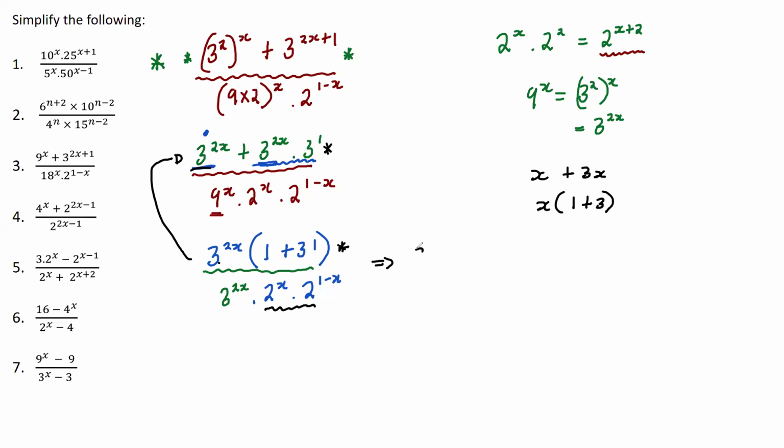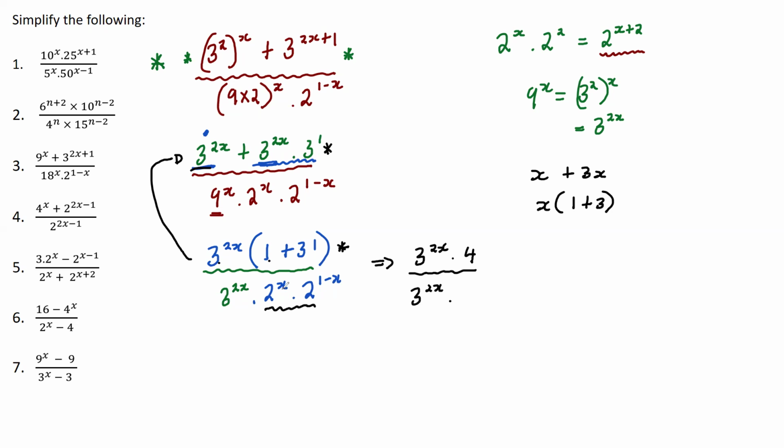So here we are, 3 to the power 2x, still with 1 plus 3 to the power 1, which is 3. I can always say this is 4, because 1 plus 3 is 4. All of this over 3 to the power 2x.